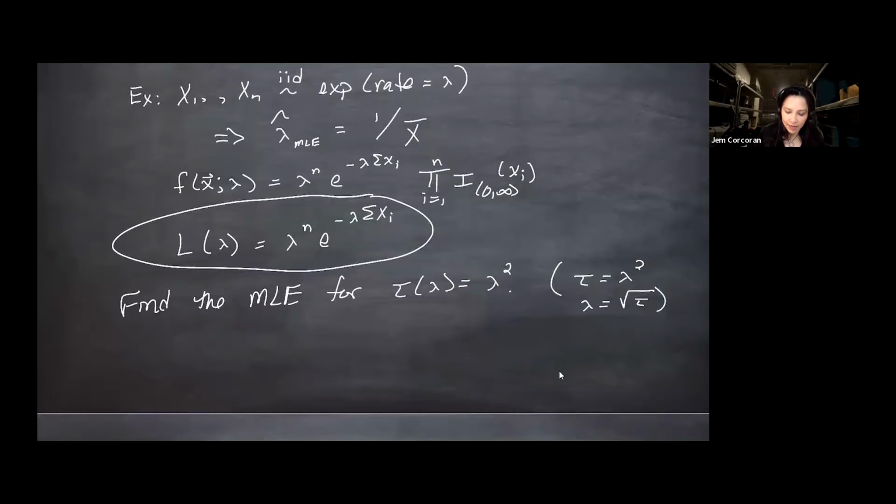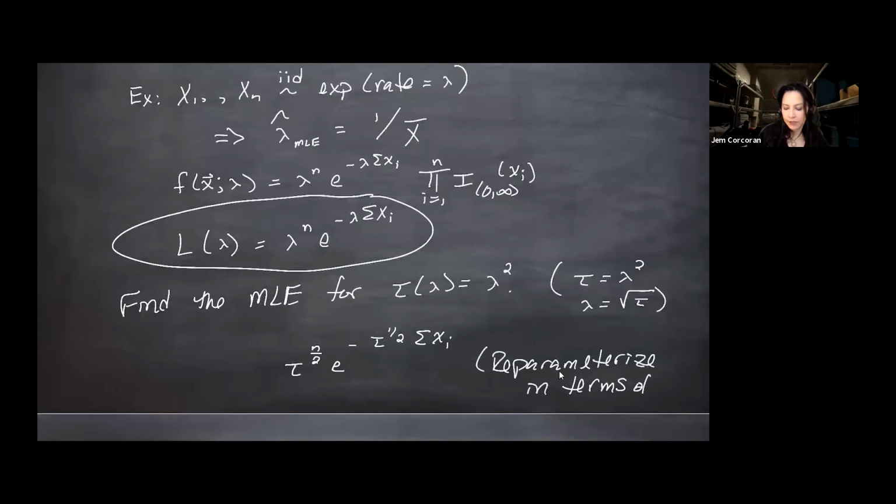It will look like tau to the n over 2 e to the minus tau to the 1/2 times the sum of the xi. So we reparameterize in terms of tau. That is not simply this function with a tau plugged in. It's a new function, right?